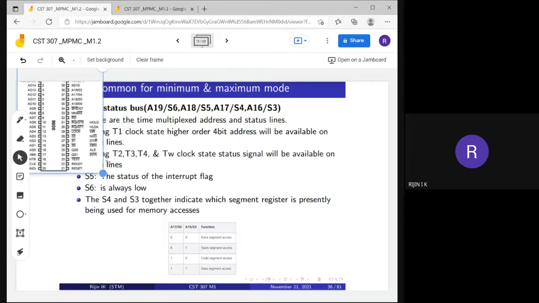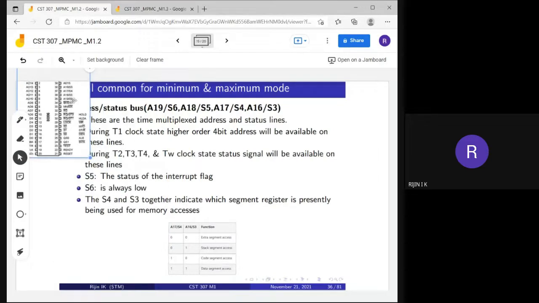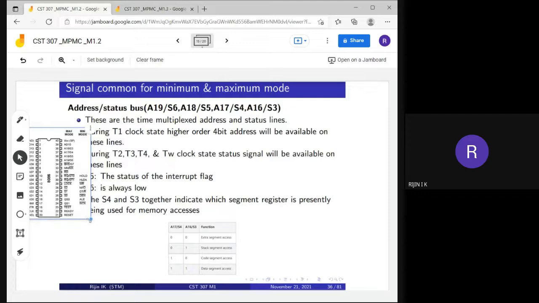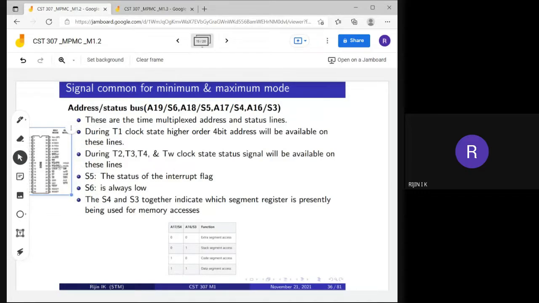What is an address bus status pin? It means it can carry both the address and status signals. Actually, these are a 4-bit address bus status bus. We studied that the address bus is a 20-bit address bus.